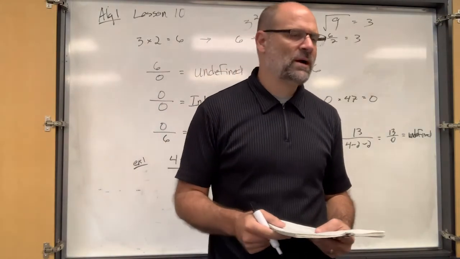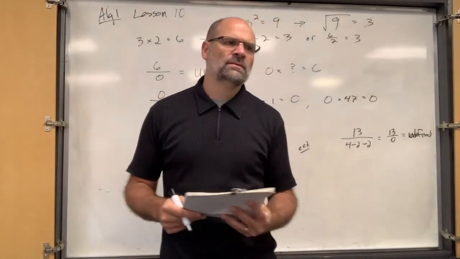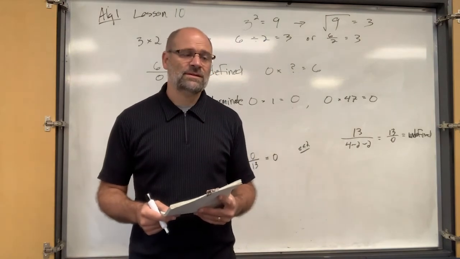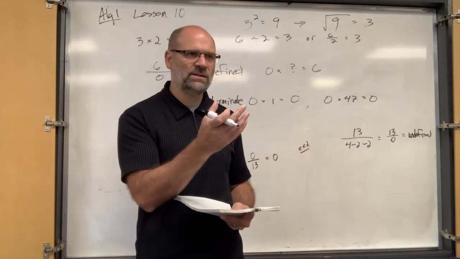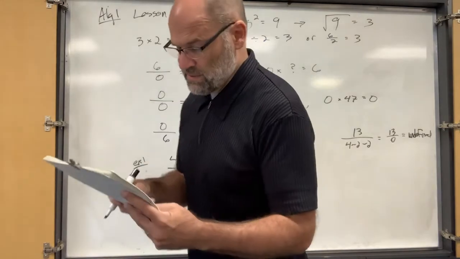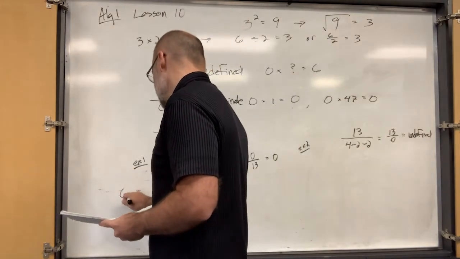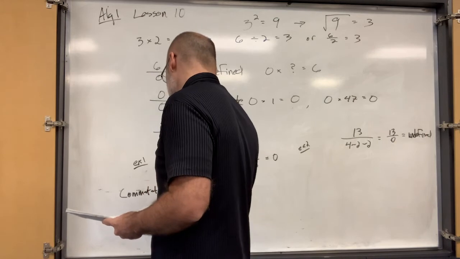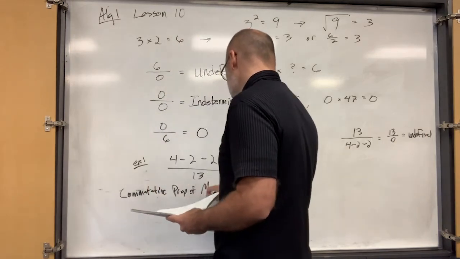Do you know what the commutative property says? 5 plus 3 does equal 8, but the commutative property says you can switch it. 5 plus 3 equals 3 plus 5. So the commutative property means you can switch it. So that works for multiplication as well. Commutative property of multiplication.